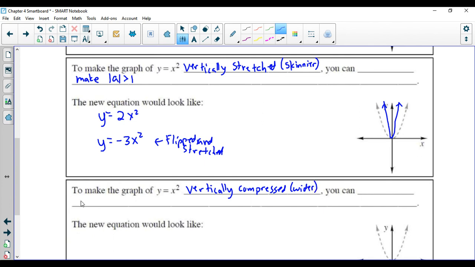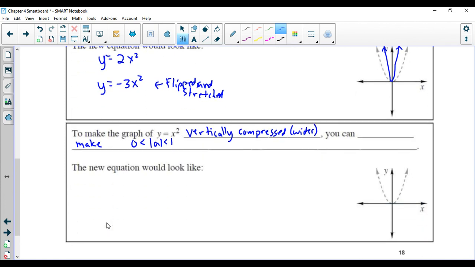So to do that, it's still the a value, but we're going to make the absolute value of a be between 0 and 1. So less than 1, but greater than 0. And again, we're worrying about the absolute value because we could also flip it and vertically compress at the same time.